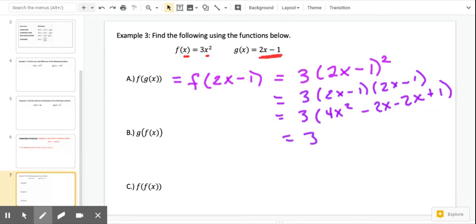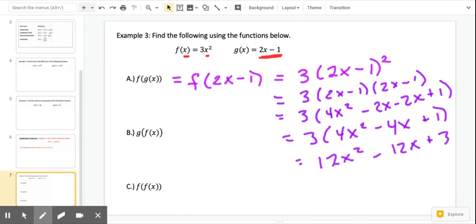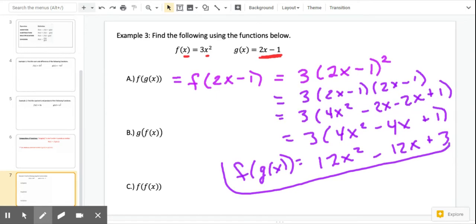Combine these two guys right here to get minus 4x plus 1. Finally, distribute that 3 to get 12x squared minus 12x plus 3. So that's f of g of x right there.